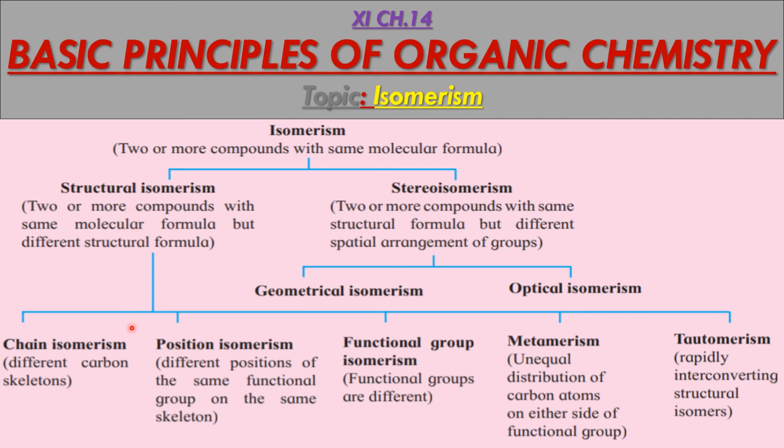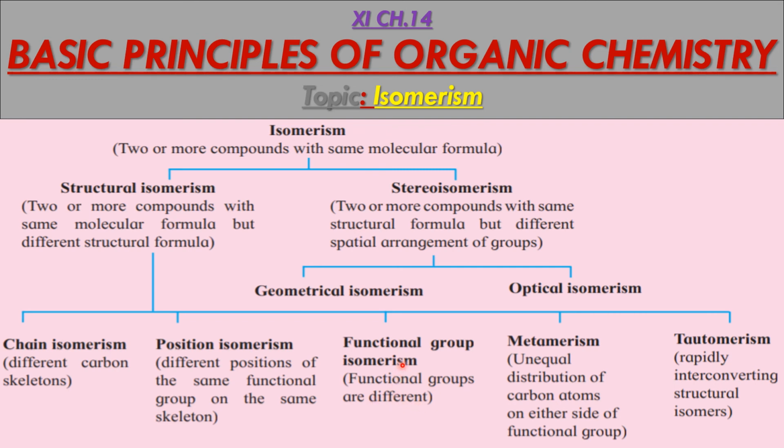Then the types of structural isomerism: first is chain isomerism. Here a different carbon skeleton is present. The carbon chain is different in both isomers. Then position isomerism: there is a different position of the same functional group on the same skeleton. That means the carbon chain will be the same, but the position of the functional group is different on the carbon chain.